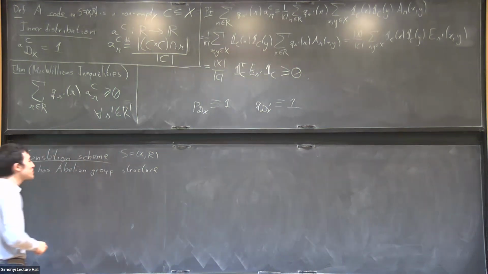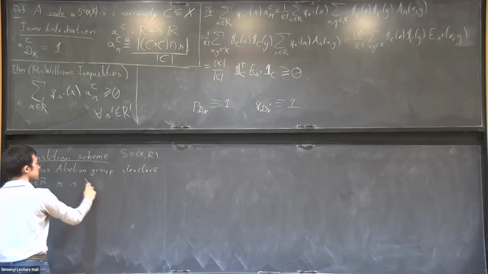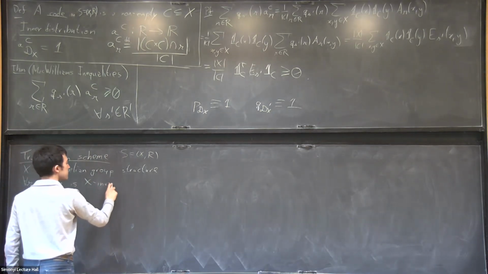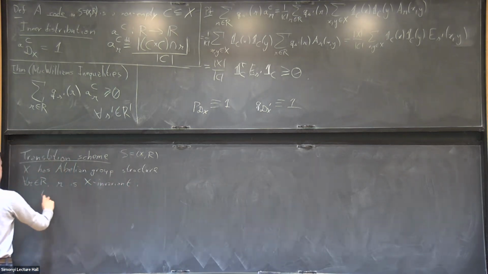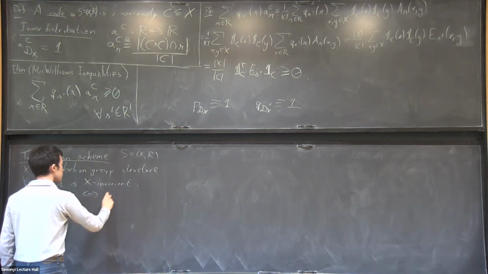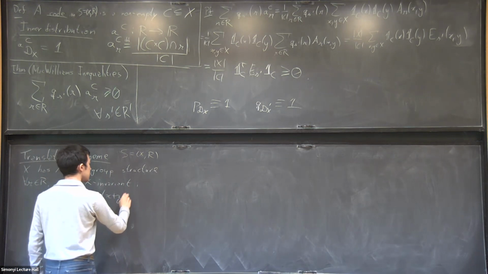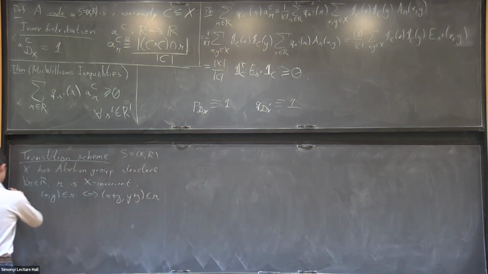It has an abelian group structure, and we also want that every R in the scheme is X invariant in the following sense: X, Y is in R if and only if X plus Z, Y plus Z is in R, for every X, Y.